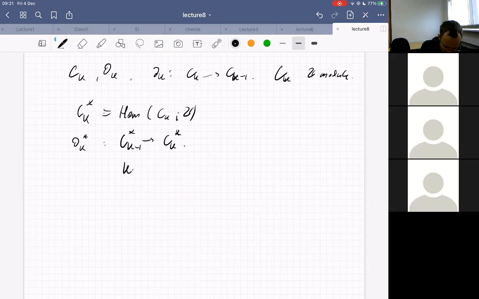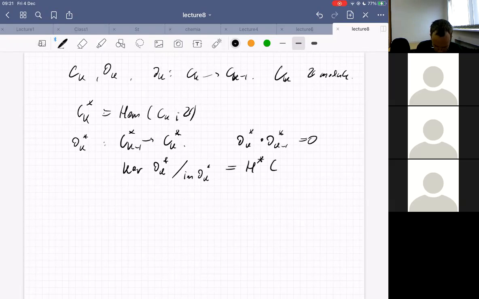So now you define the kernel of d_k star divided by the image of d_{k-1} star, exactly the same, since d_k star composed with d_{k-1} star is 0. This is called H^k, with upper k, which means that it's cohomology. Normally, if you have cohomology, you usually write k on the top.